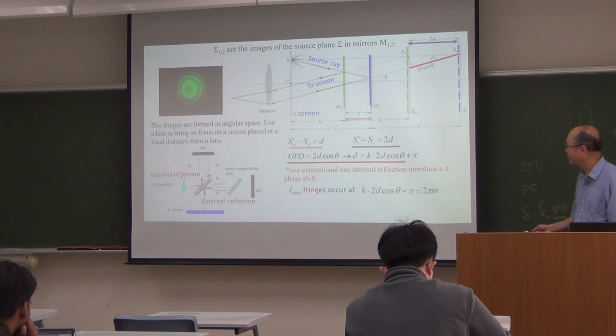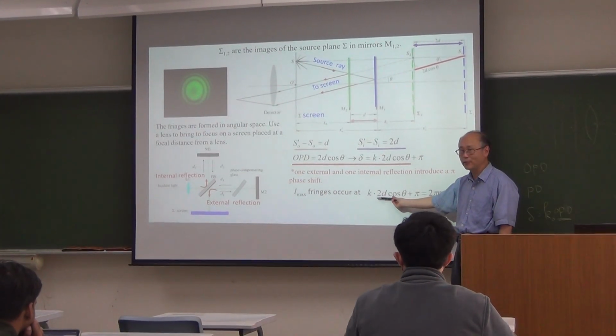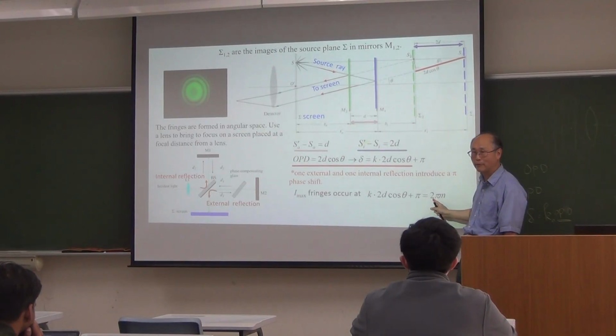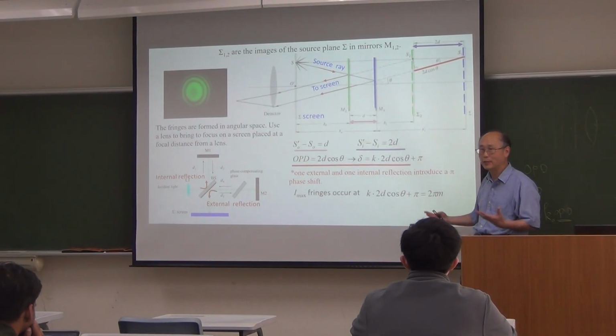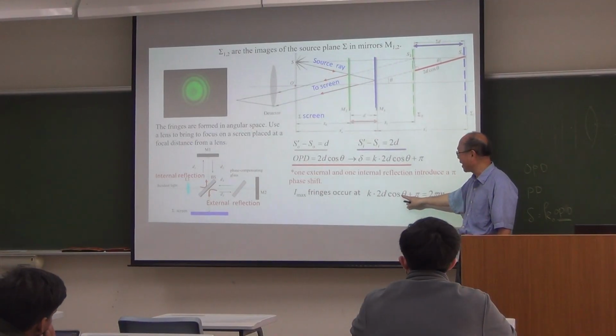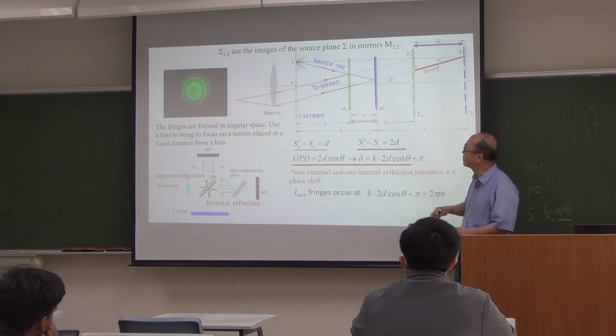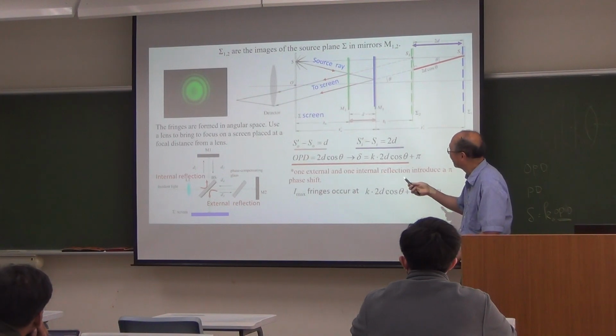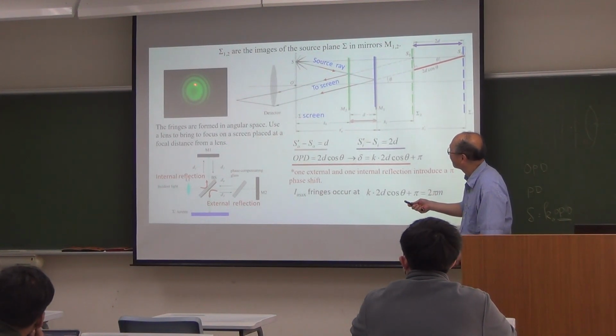Because when you have constructive interference, and you set this optical phase difference to be an integer multiple of 2 pi, so you have constructive interference. So you can start to count the fringes at this angle. And then you see, okay, you have the bright fringe here, bright fringe here, bright fringe here, bright fringe here.